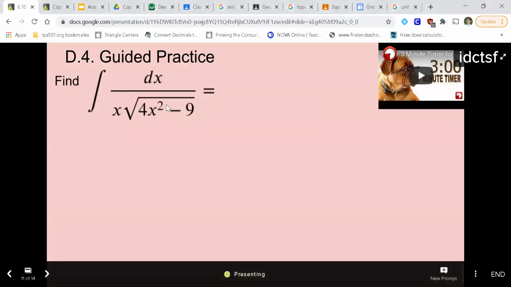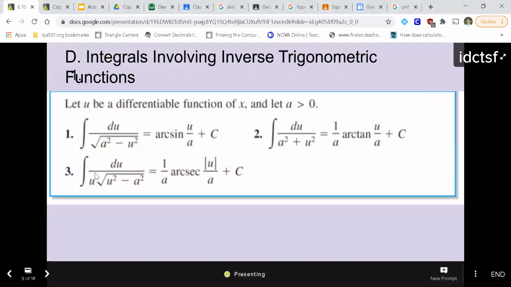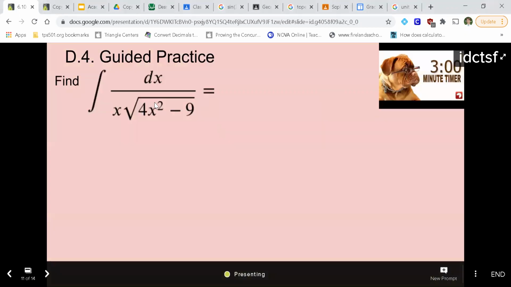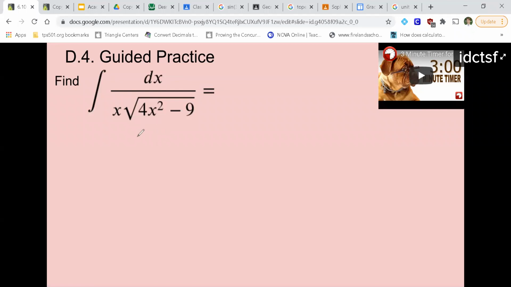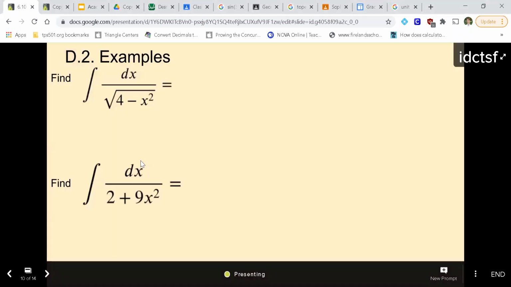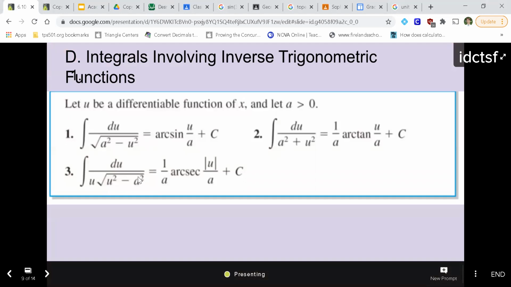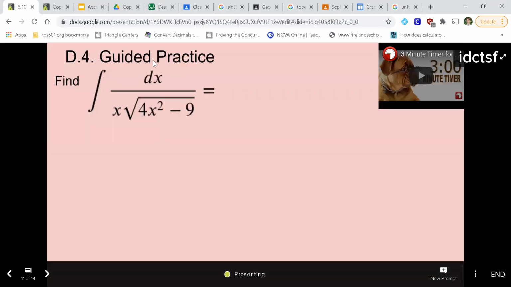So if you try this one, again, pause the video and look to see if you can identify which trig function it is set up for, and then what u and a are. And then hopefully what you should get here is that u squared and a squared are right here.